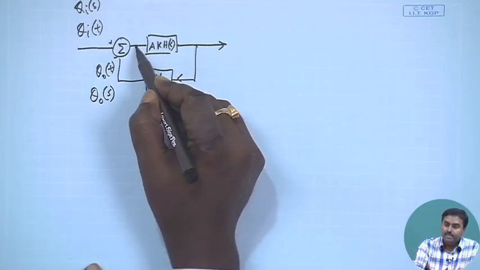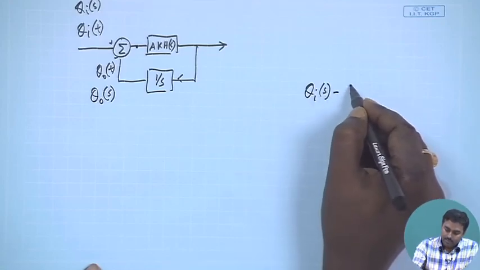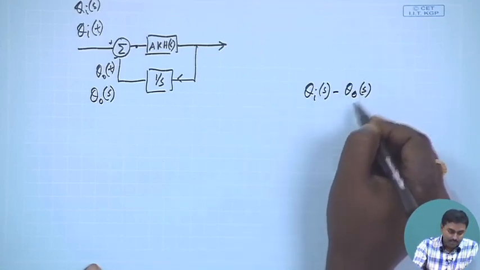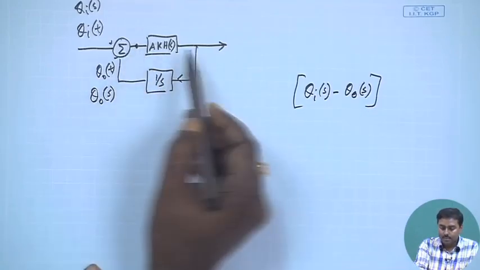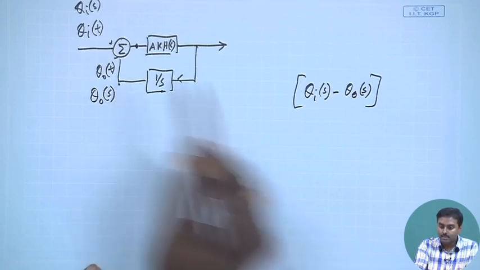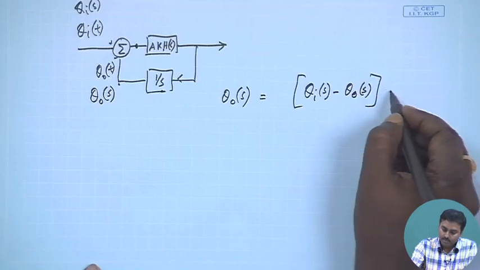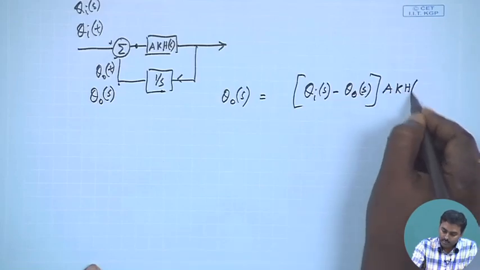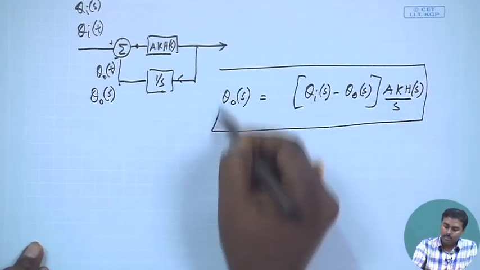If I multiply by this and this, then I get my theta O s. So, I can write theta O s is nothing but this into A K H s divided by s. That is the overall equation I can write.